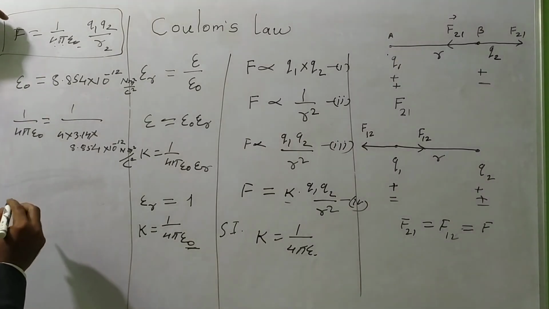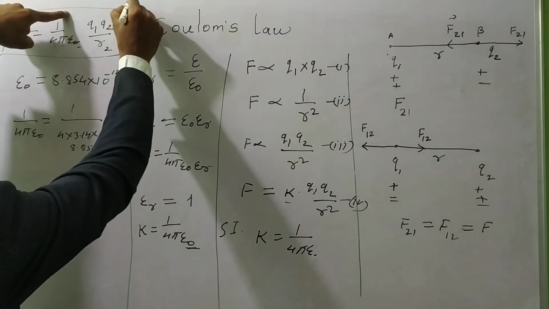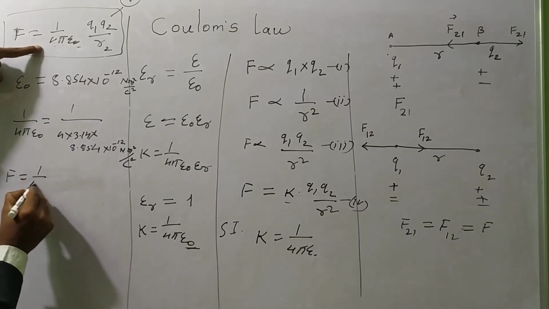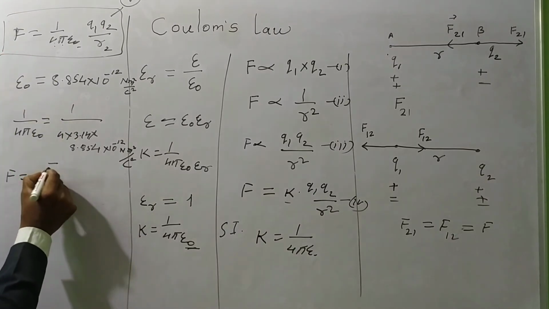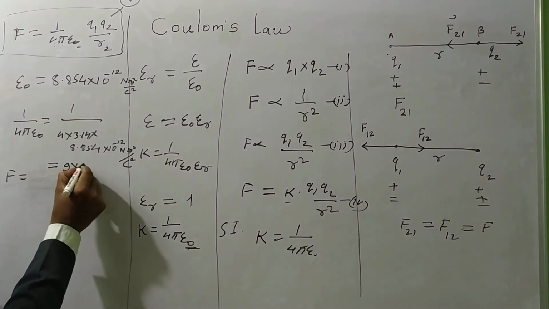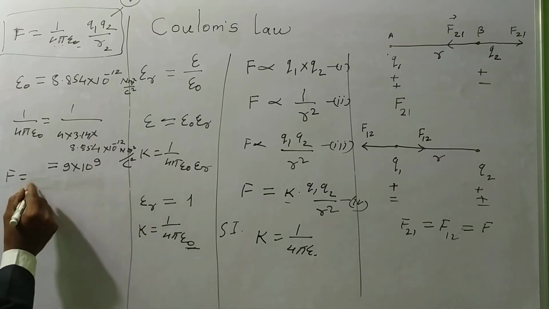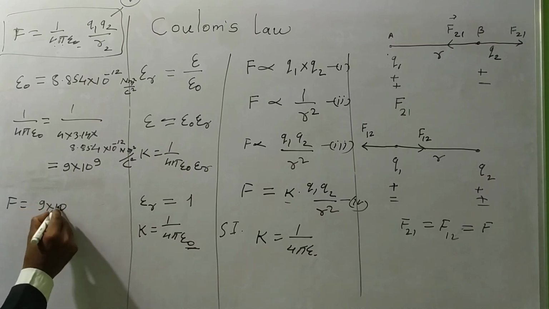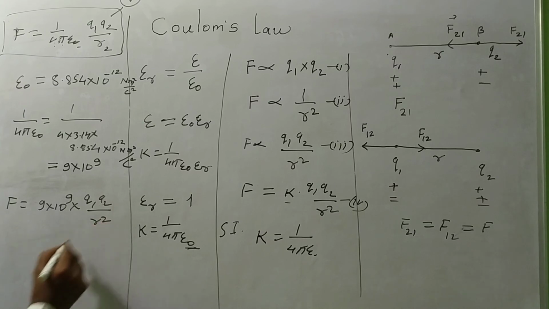Now, on putting the value of 1 upon 4 pi epsilon naught in the fifth equation, F will be, this value is 9 into 10 to the power 9, then F will be 9 into 10 to the power 9 into Q1 Q2 upon R square.